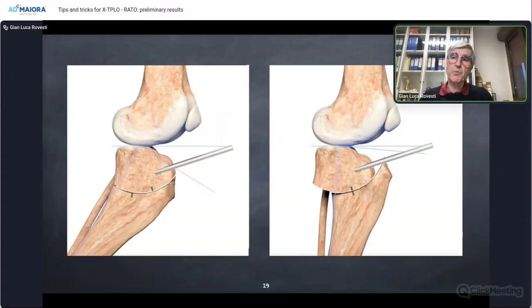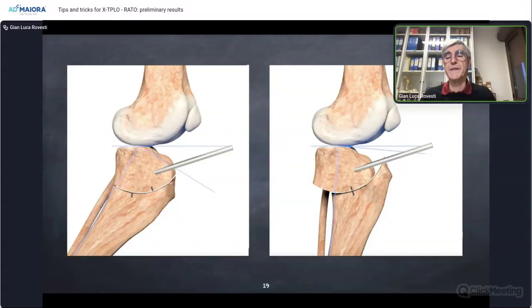Actually, we should pay attention to how far the pin goes proud to the caudolateral direction of the tibia, because if it's too proud, during rotation, it can cause damage to soft tissues. We have the sciatic peroneal nerve there, the popliteal artery there, so we should be very cautious about that.